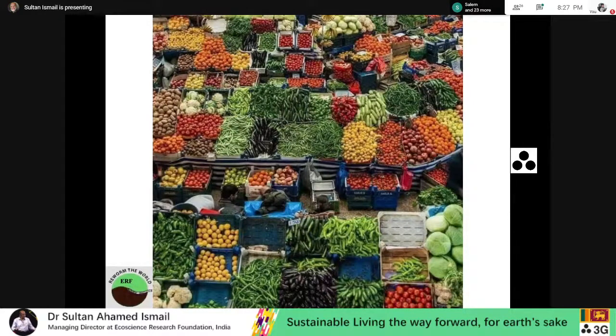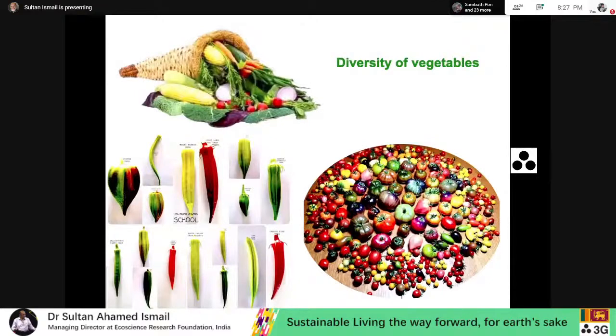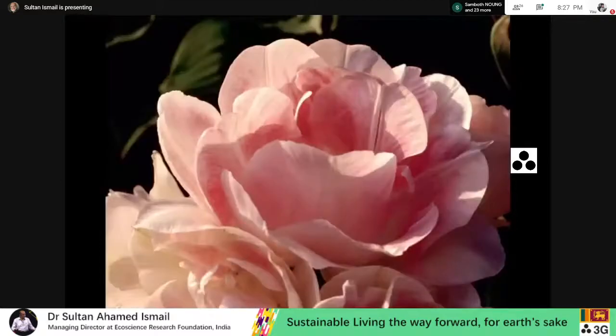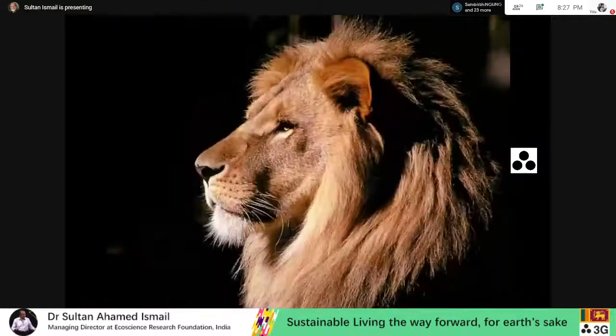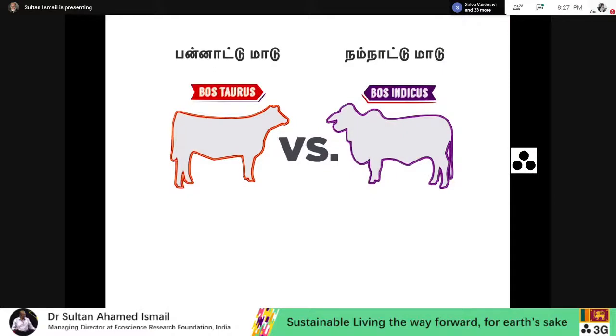All sorts of vegetables. Even if you take okra, that's lady's finger, or tomato, in the Indian context we have several varieties. We have beautiful flowers, lovely birds, magnificent animals. And that is where this component started: the clash between the Western cattle and the Indian cattle. Because people started talking about A1 milk and A2 milk, which is good, which is not so good.